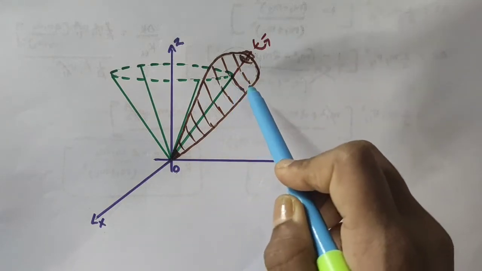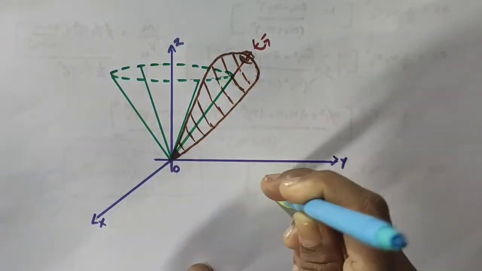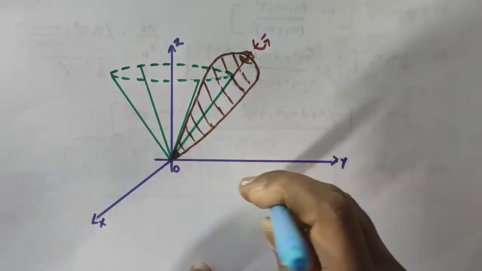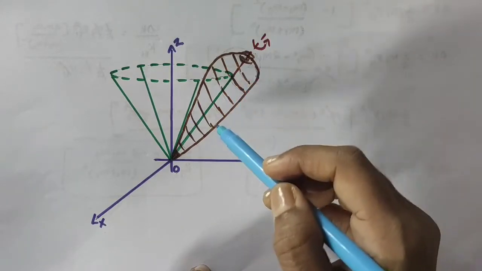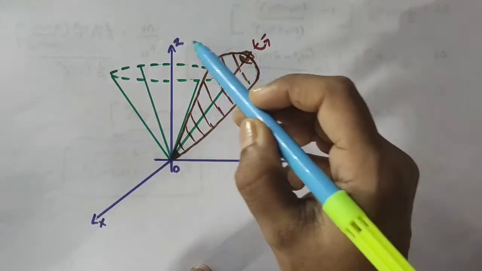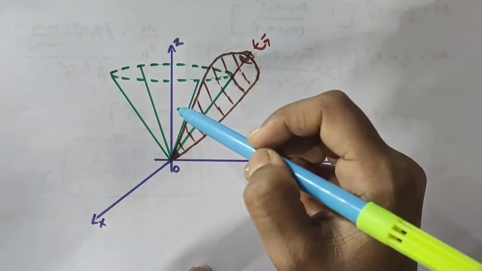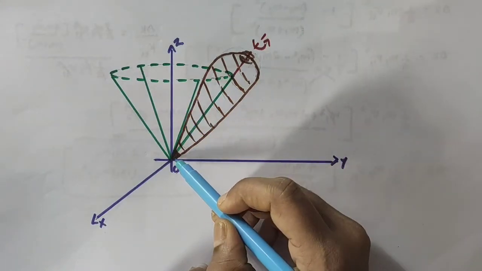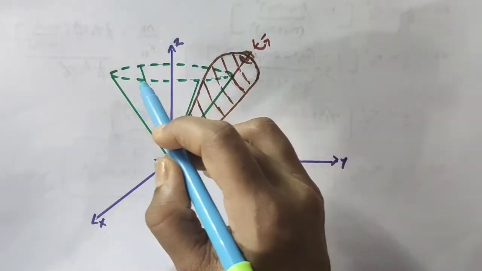Now, when the top spins, its axis of spinning moves around the vertical, around the Z axis through its point of contact O with the ground, and sweeps out a cone, as shown here by the green colored cone.